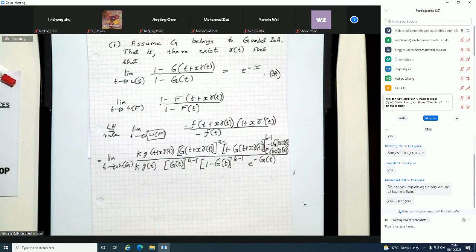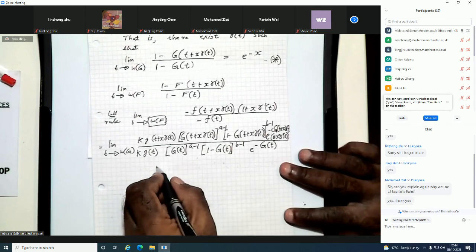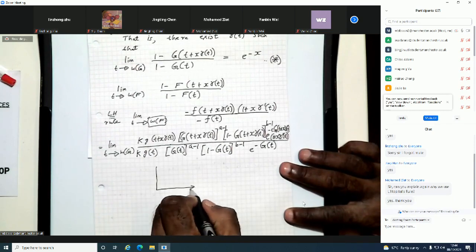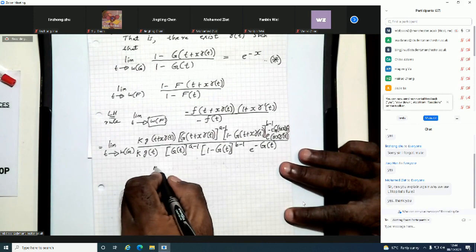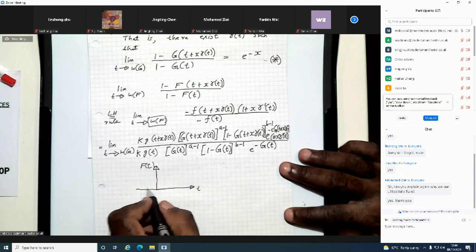Some of you look lost. Come on, guys. A property of a CDF, or cumulative distribution function, is that it must approach 1 when it reaches the end point, right? Remember that if you plot f of t versus t, normally it looks something like this.